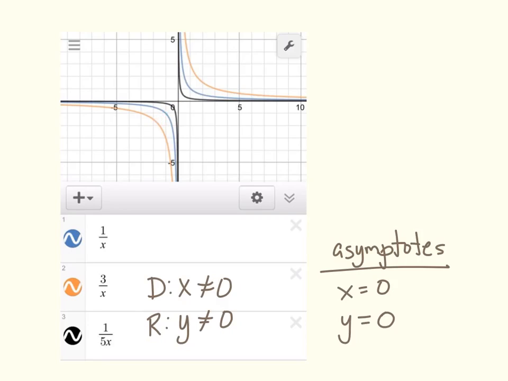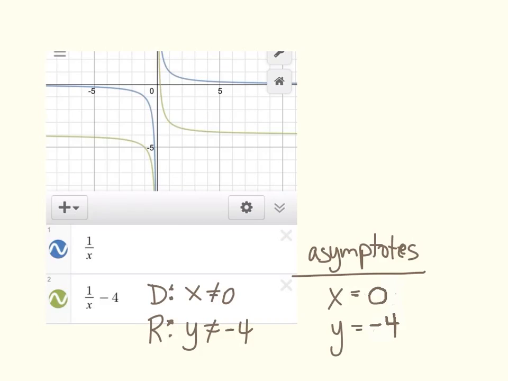Here's the blue parent function, and if I multiply, I get bigger, and it moves further away from, in this case, 0, 0 in both cases. Then if I multiply by 1/5 or divide by 5, it makes this distance smaller, where this line loops here, and it gets as close as it can to this center point, on this side here and the side here.